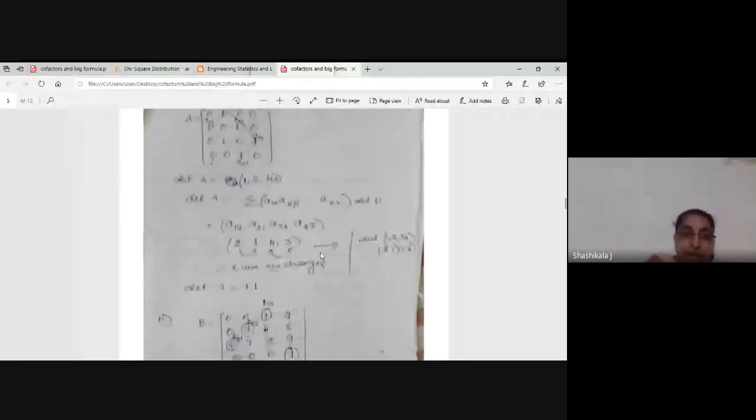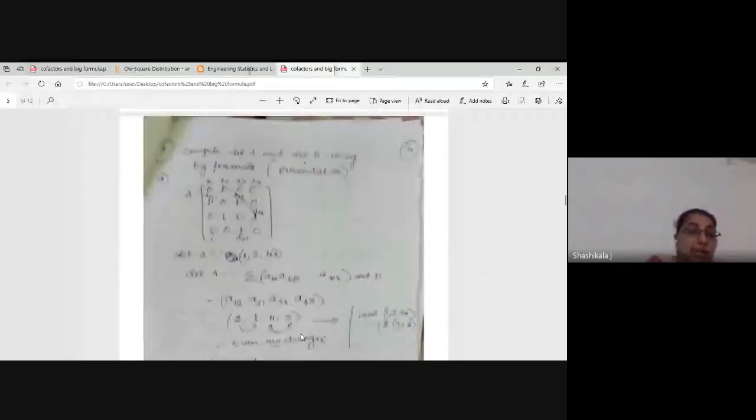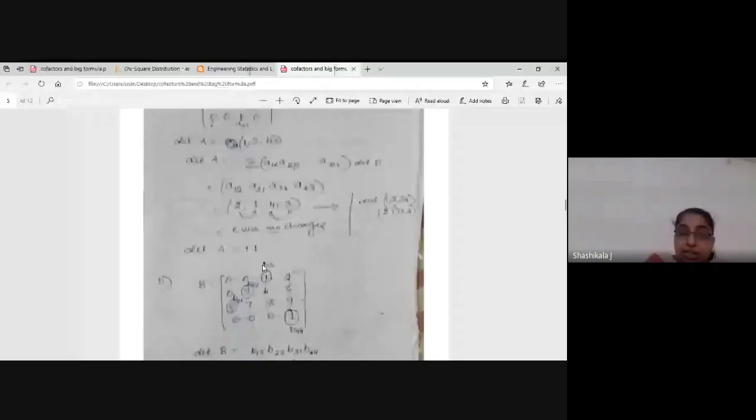So what is determinant A? It is A12, whatever may be the value of A12. If it is here, it is 1. So it is 1 into 1 into 1 into 1 into determinant P, which is +1 because of the even number of changes. That is, determinant A is equal to 1. Understood? Or shall I explain once again?